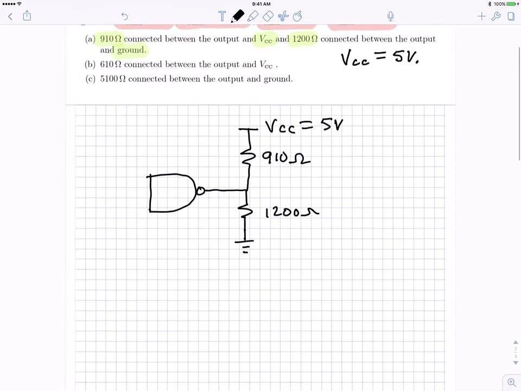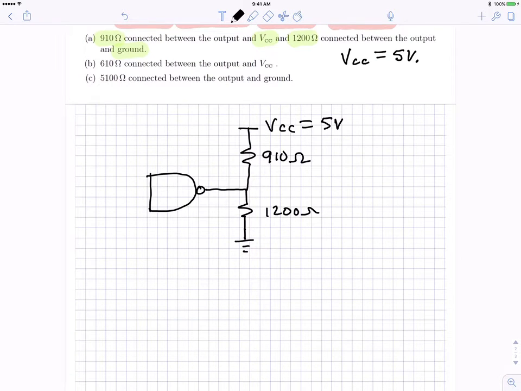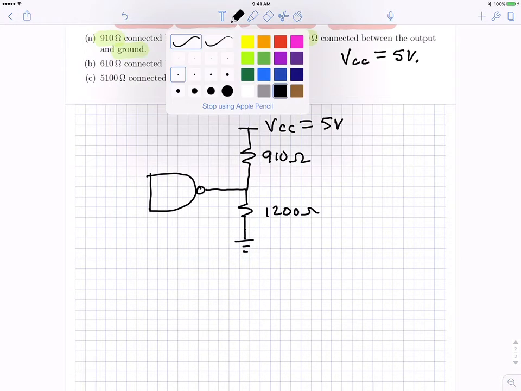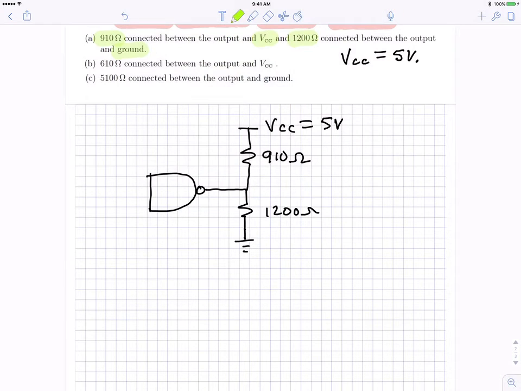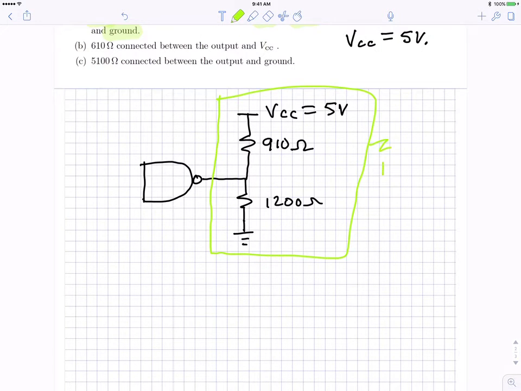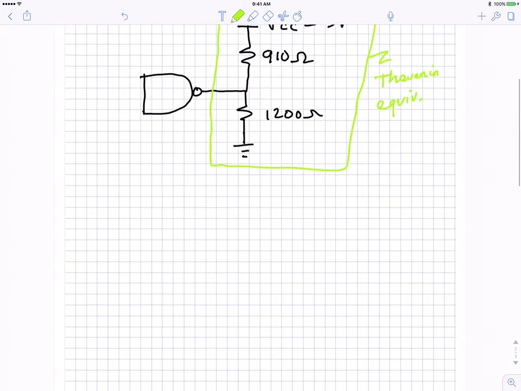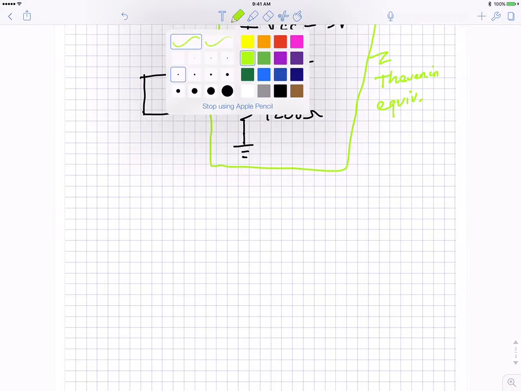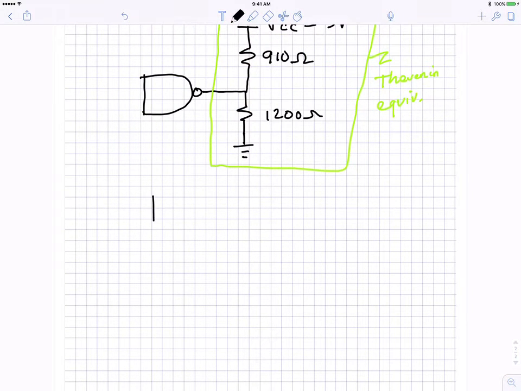Okay, so the first thing you need to do is take a look at this part of the circuit and replace it with the Thevenin equivalent. Okay, and so what I want you to be able to do is just go straight to that.